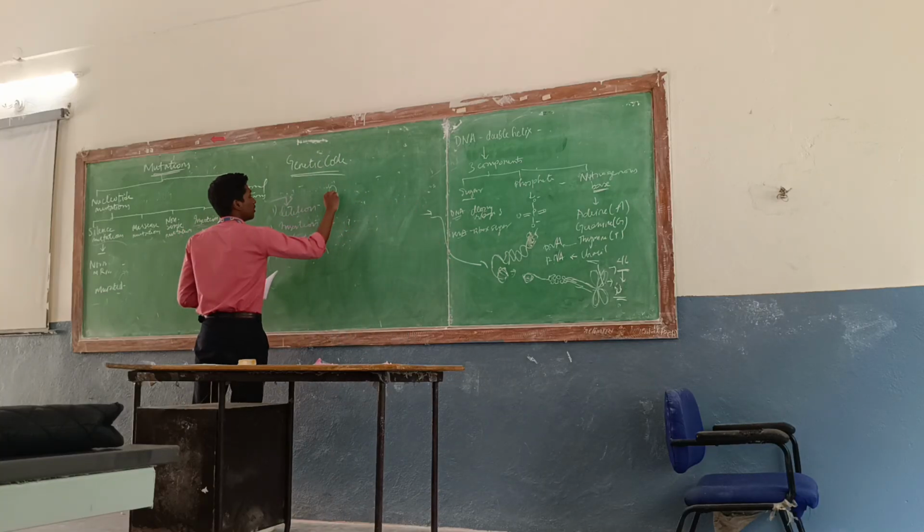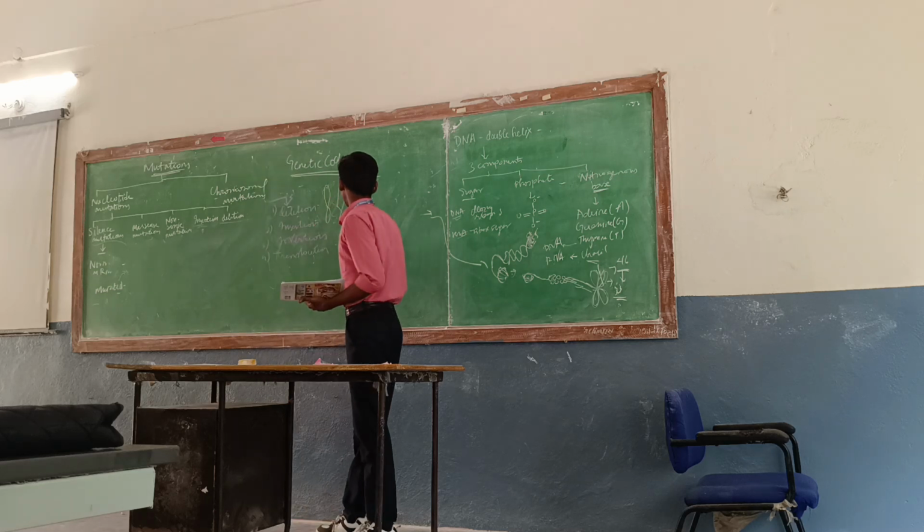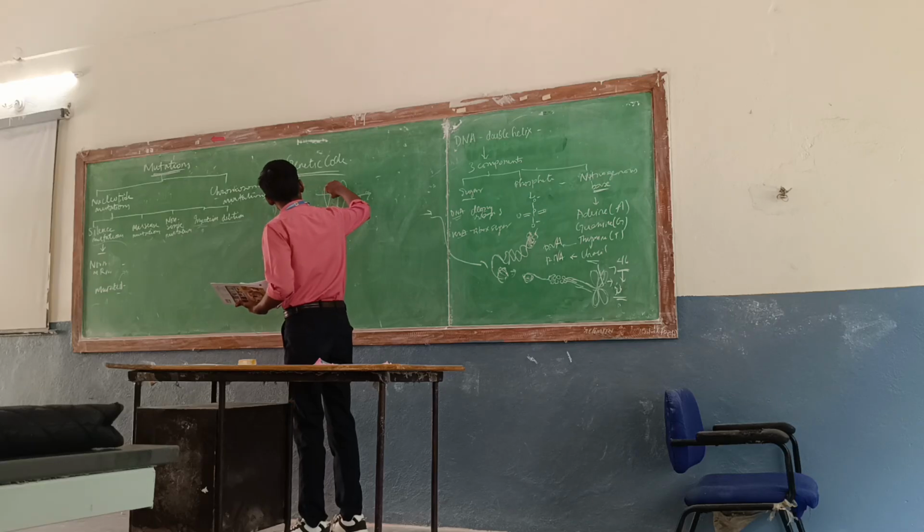Deletion is known as follows. If we have two daughter chromatids, let's imagine that something happens in this chemical composition and the gene gets removed.